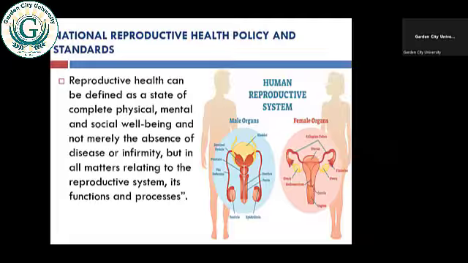So for us to be able to implement family planning, we must know what reproductive health entails, because family planning is used in the reproductive system. Whatever is done under family planning is to regulate the reproductive system so that one can have children when desired and not anyhow.